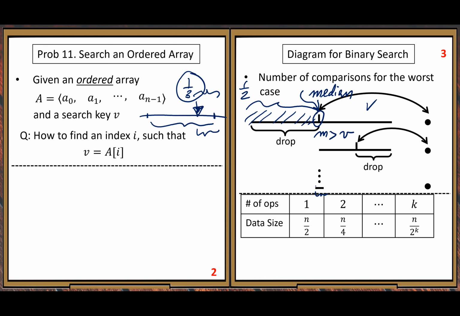Here, I use this table to show the data size we have after each comparison. After the first comparison, the data size becomes n/2. Second, it becomes n/4, and so on. After k comparisons, the problem size, or the data size, becomes n/2 to the kth power.